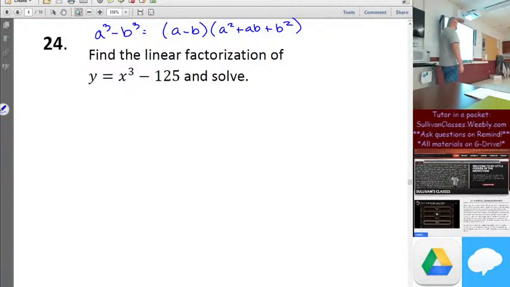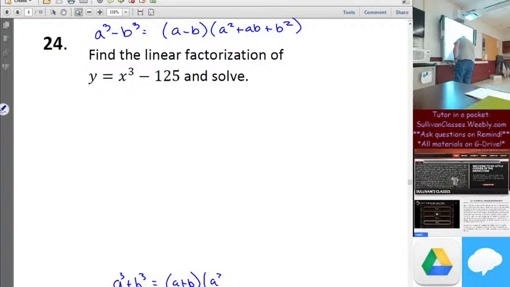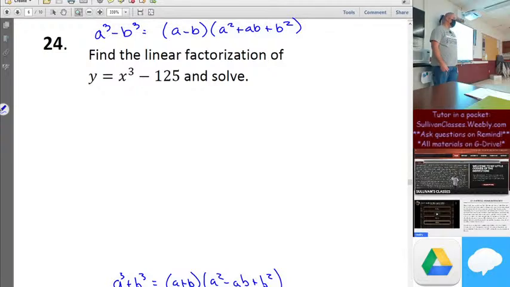Not to be confused with the sum of cubes, which says a cubed plus b cubed is a plus b, a squared minus ab plus b squared. They change up the signs on us. Okay? Once you have that, you just jam the right things in the right spot.